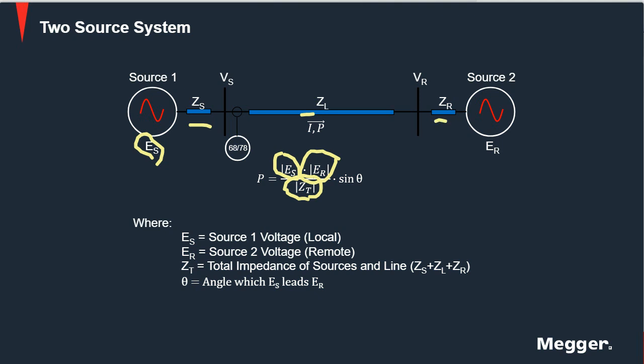And then this will be multiplied by the sine of the angle between sources 1 and 2, or the sources that we have under investigation.